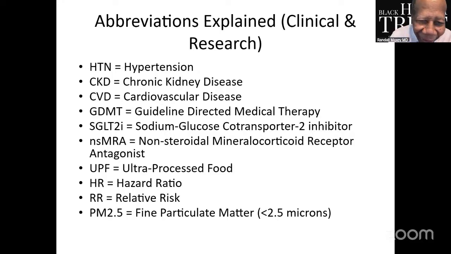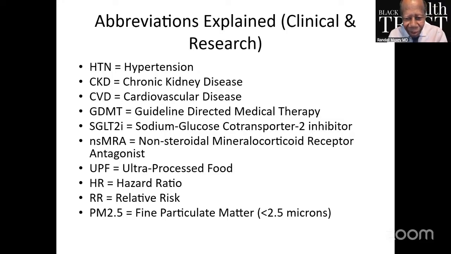I started to say something else by mistake, Dr. Walks. Don't say it. SGLT2 is sodium-glucose co-transporter inhibitor. That's something we know as Farxiga. NSMRA is non-steroidal mineralocorticoid receptor antagonist, and only one right now, and that's one called Kerendia.